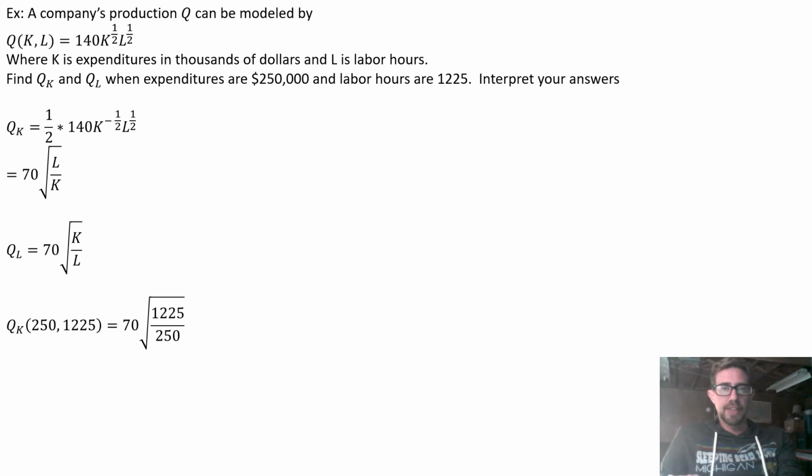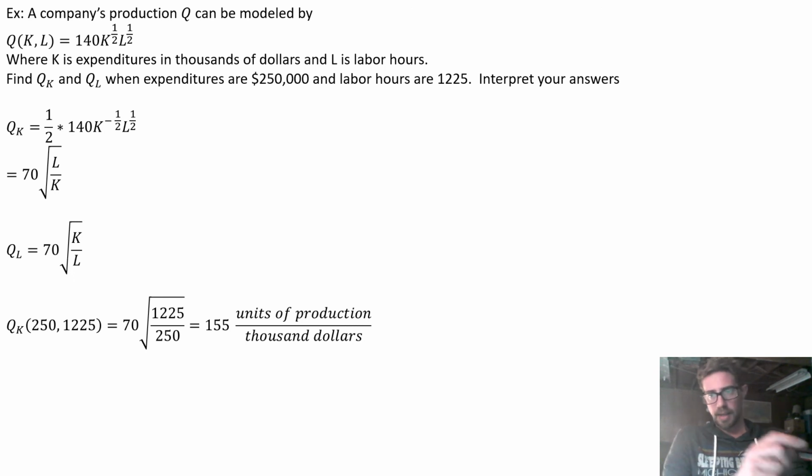Don't forget that K is in thousands of dollars. So the number you're actually using here is 250. That would screw you up. Q_K of 250 comma 1225 is just 70 times the square root of 1225 over 250. Calculator. That's not exact. I should have put an approximately, but let's just round to the nearest. Well, the nearest what?